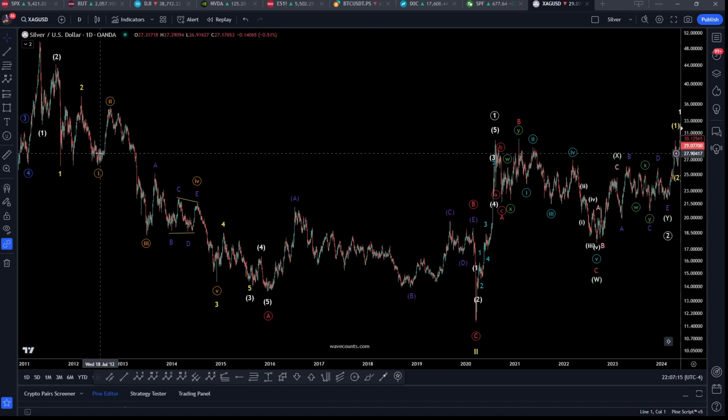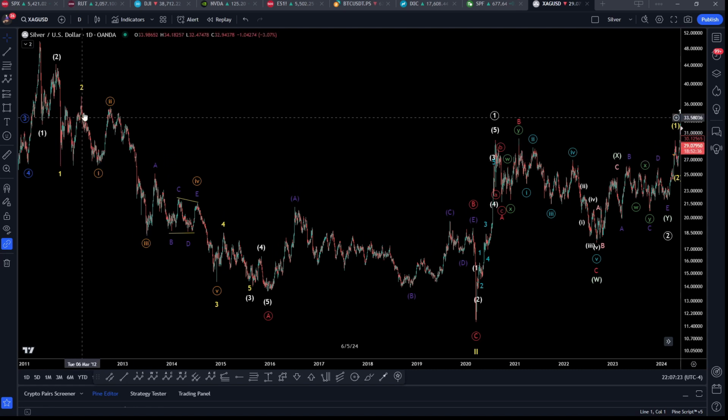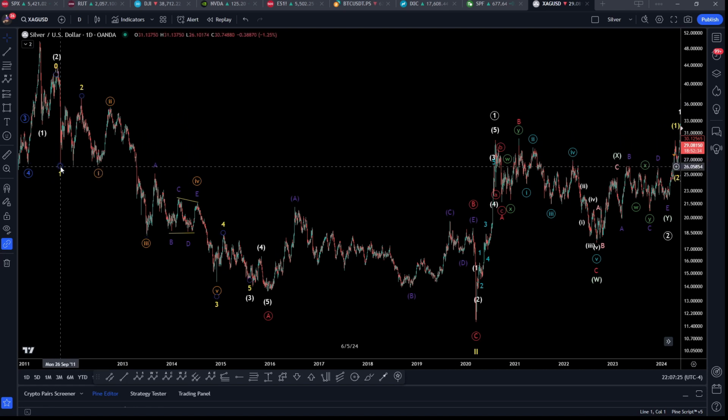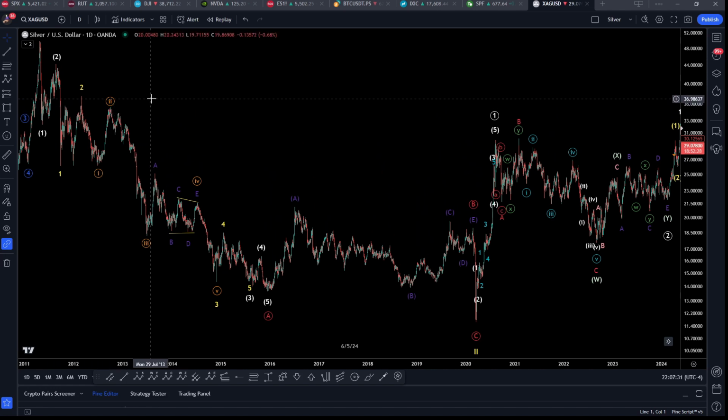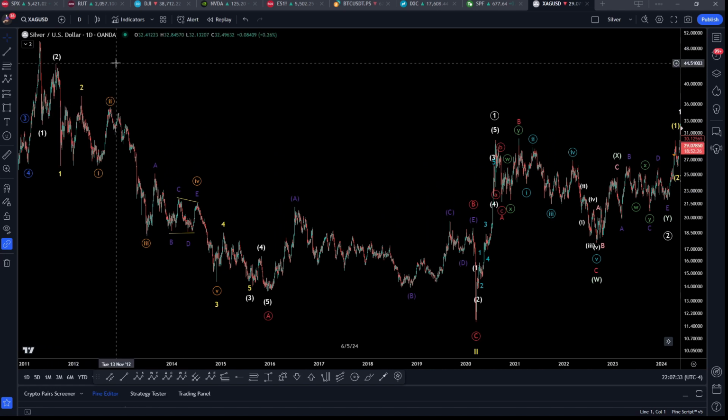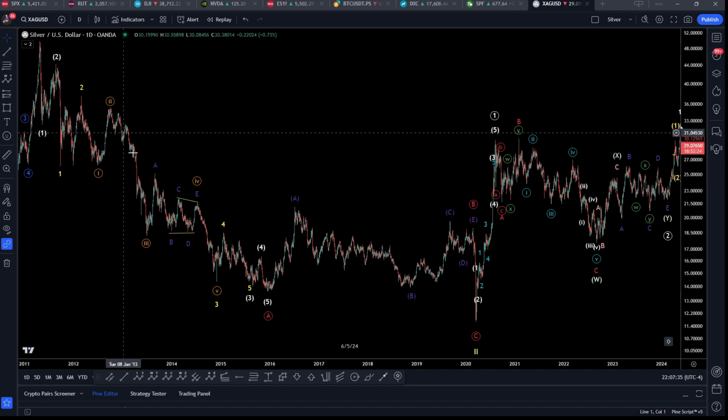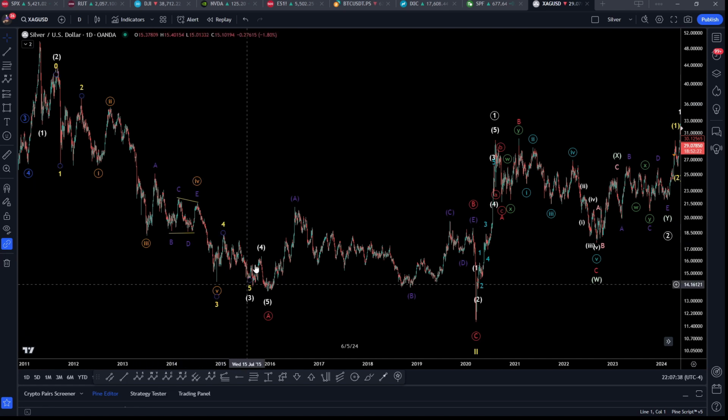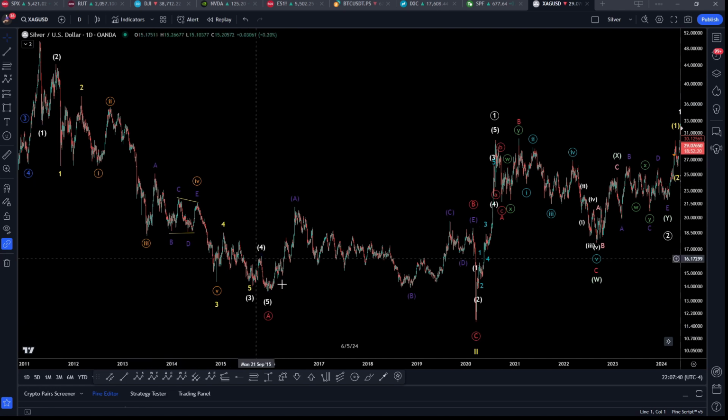That makes me happy. Okay, I'm happy with that setup. I don't generally like personally, from a probability perspective, when the third one makes a new low. That gets me really nervous. But it didn't. All right, so 1, 2, 1, 2, 1, 2. 3, 4, 3, 4, 3, 4, 5. Okay, nice extended impulse.